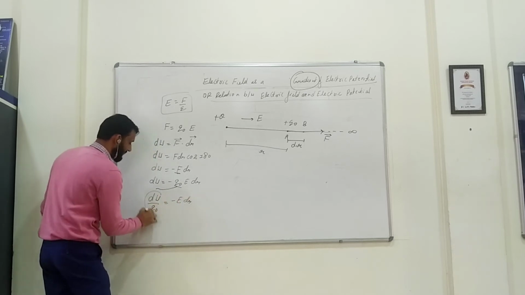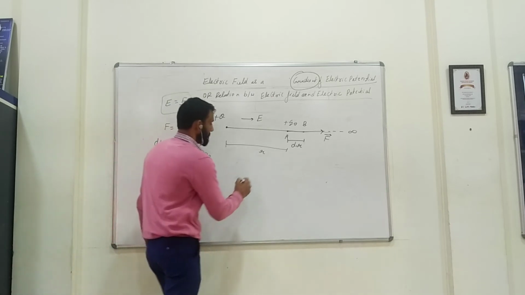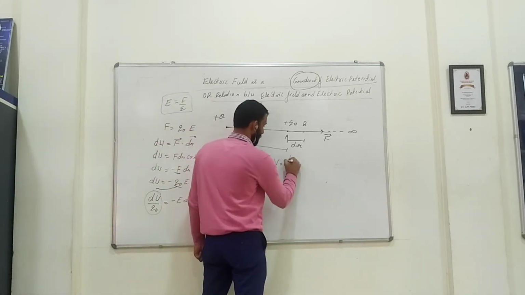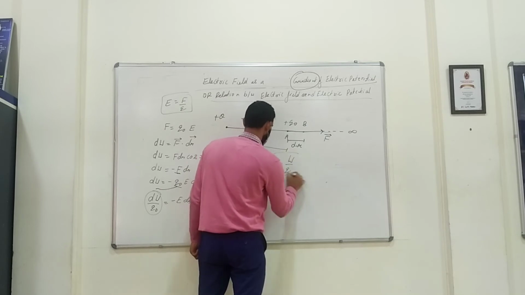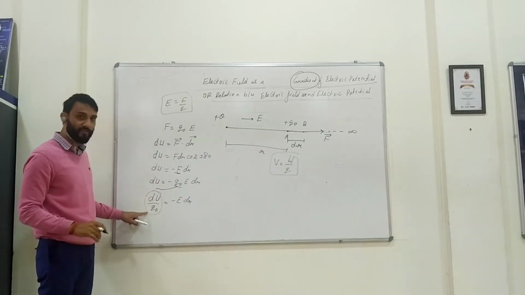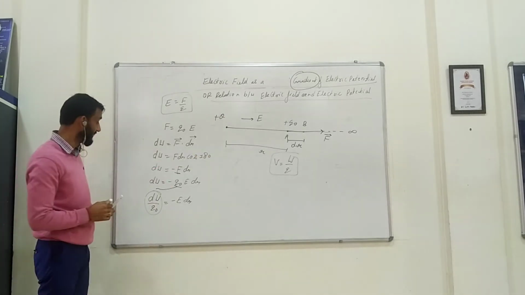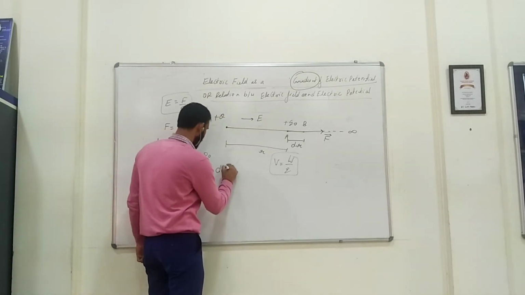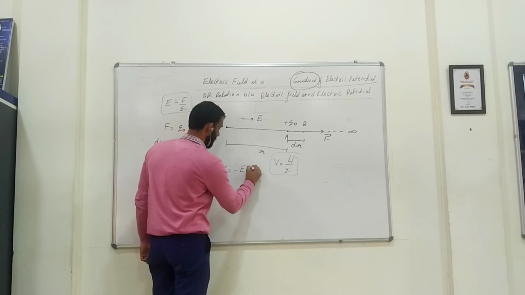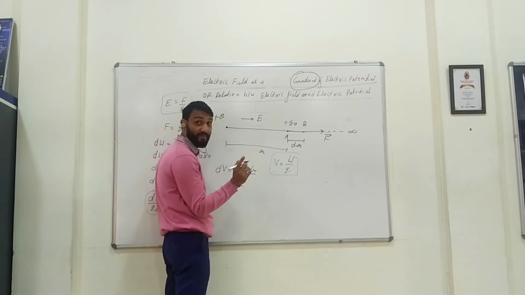If we look at this quantity, we know this quantity. Electric potential is defined as work done per unit charge. This is small work done per unit charge. So can I write it as dV? So dV is equals to minus E dr. dr is the displacement, remember.